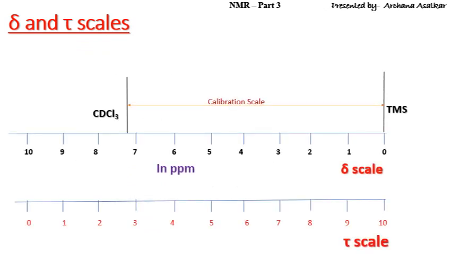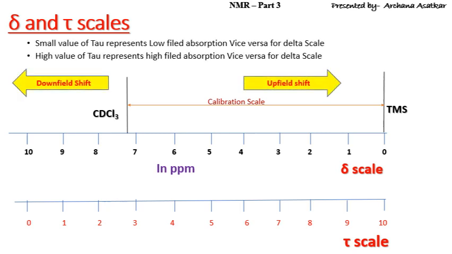So here I will describe the two kinds of scale we usually consider for NMR spectroscopy, and that is the delta scale and the tau scale. Using this picture you can observe that this is the delta scale, which starts from 0 to 10, and this is the tau scale, which starts from 10 to 0.